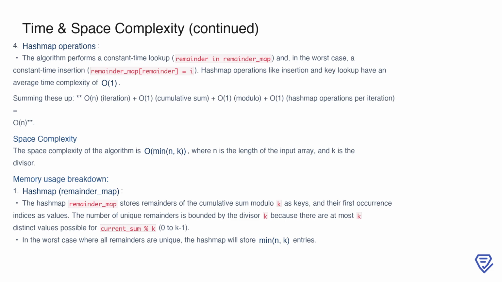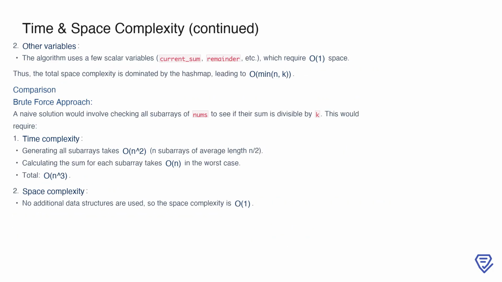In the worst case, where all remainders are unique, the space complexity becomes O(min(n, k)). The space complexity also includes the additional scalar variables used in the algorithm, such as current_sum, remainder, and others. These require constant space, which is O(1). However, the total space complexity is dominated by the hash map, so the overall space complexity remains O(min(n, k)).